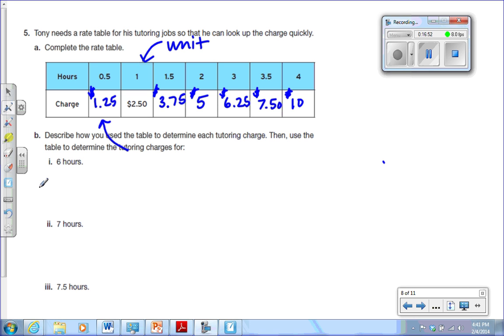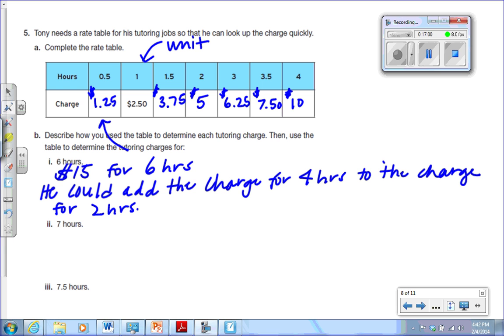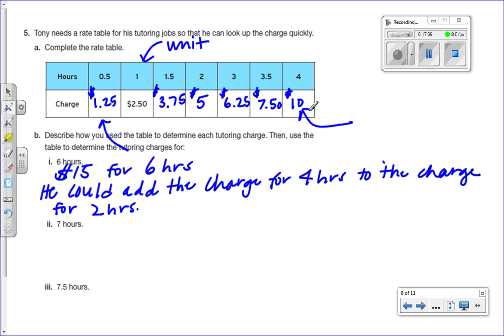You're doing exactly the same thing as you were doing. So I want you to fill in i, ii, and iii. On i, you could simply add the charge you got right here for 4 hours to the charge right here for 2 hours. So sometimes it's quicker and more time efficient to use what you already have in a table to answer questions rather than recalculating everything.